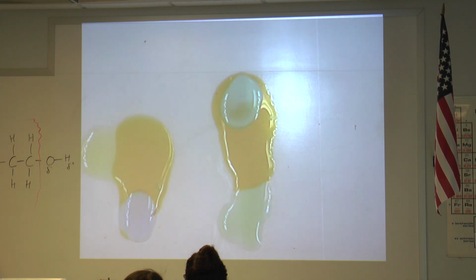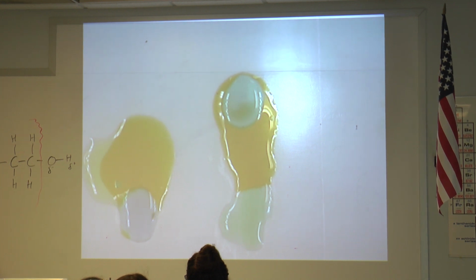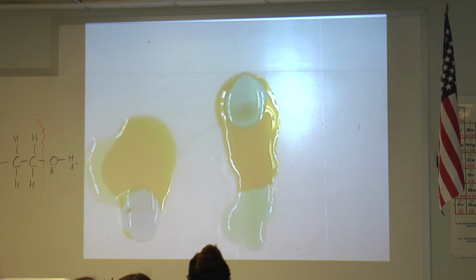It's got to get there. There it goes. Those are all the molecules being attracted in and rushing in.